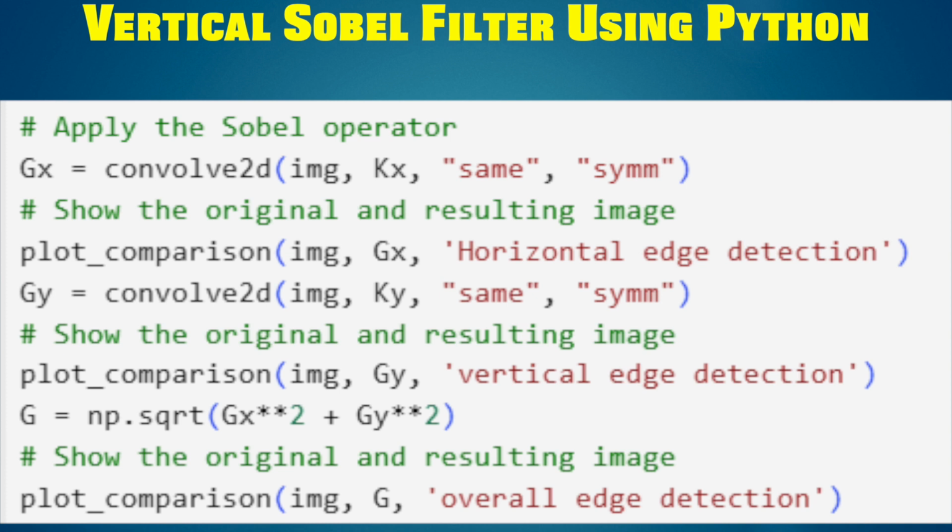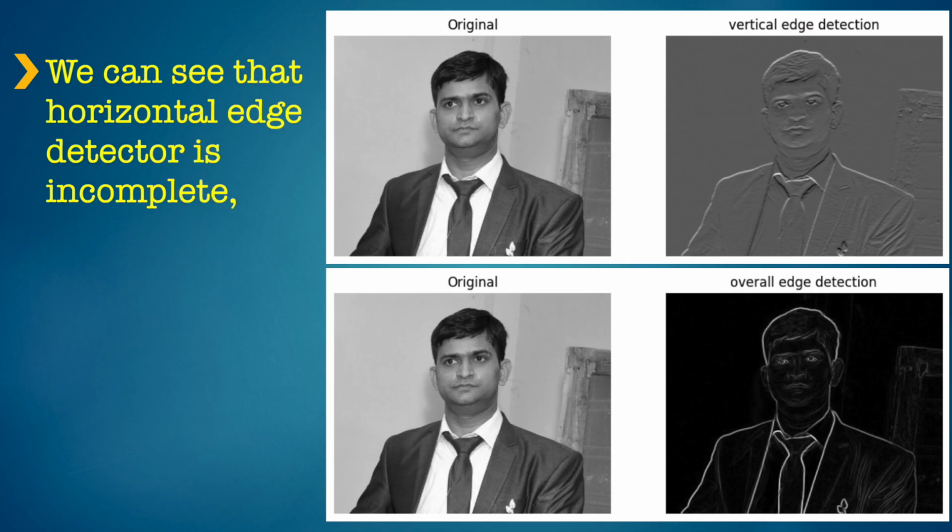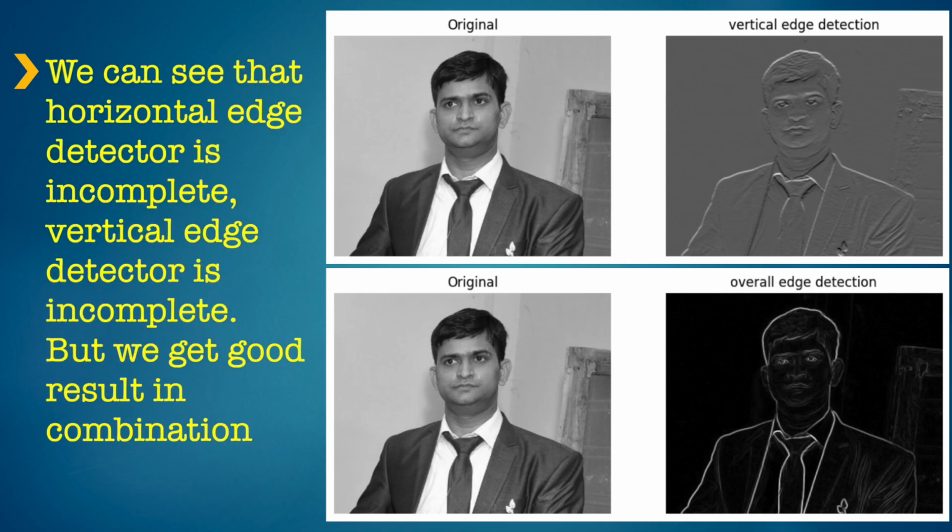Then you can plot the overall with respect to the image. Now you can see the result: the above one is for the vertical edges and the last one is the overall edges. So we can see that the horizontal edge detector is incomplete, the vertical edge detector is also incomplete, but the overall edge detector is fine and perfect.